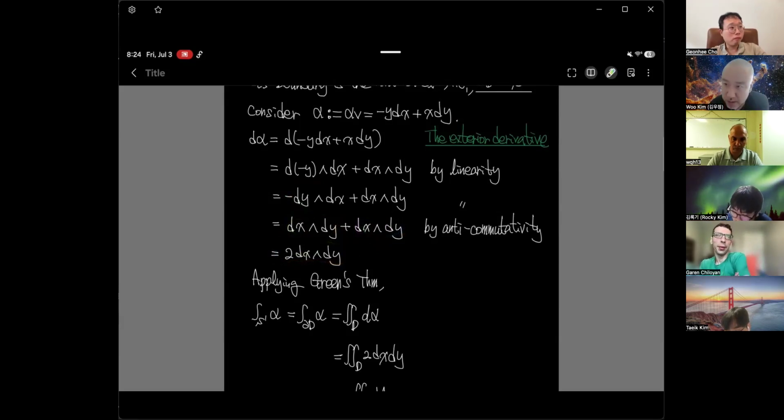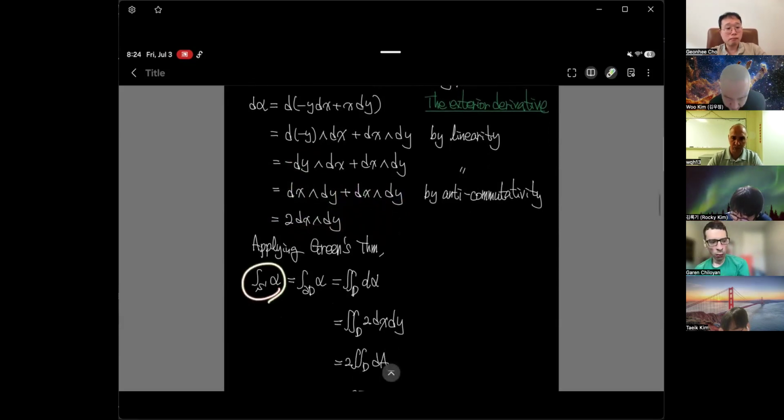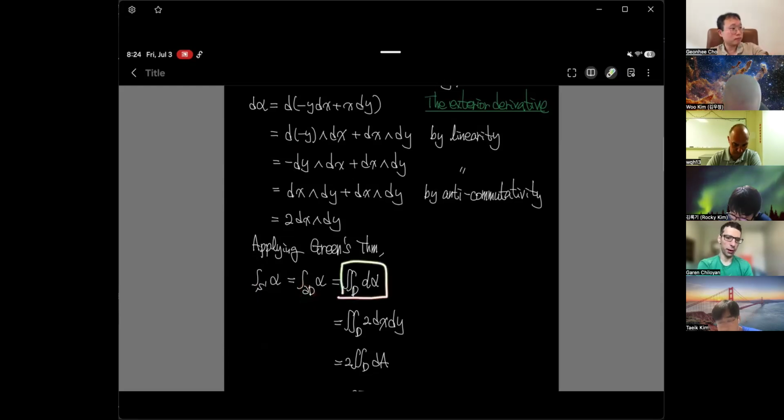So we can apply Green's theorem now. The first one, we are doing the integral on the boundary S1 of this one-form. So this boundary was curly D, and this was the generalized Stokes theorem perspective.